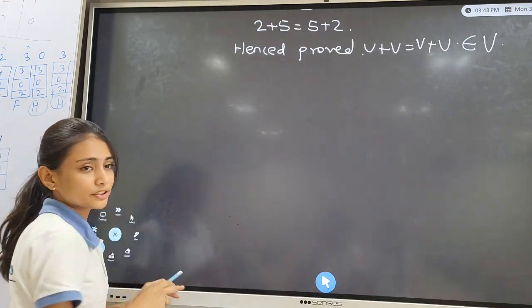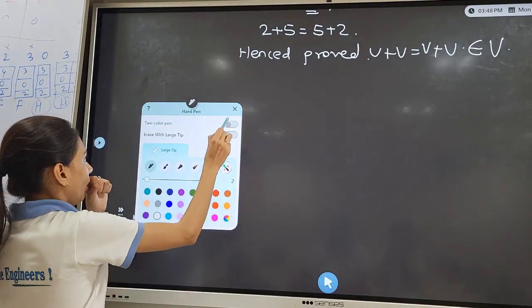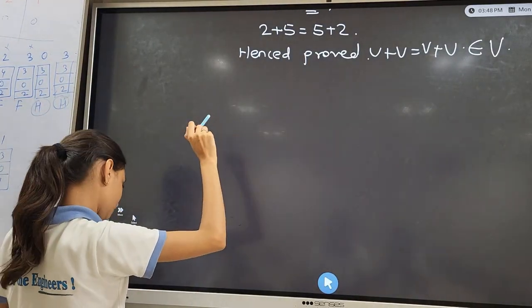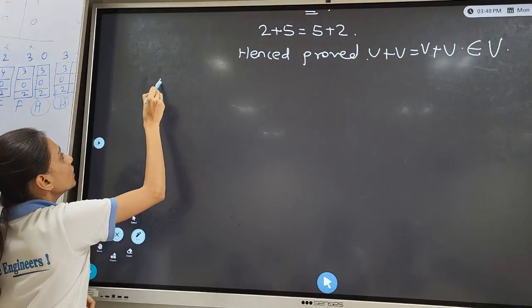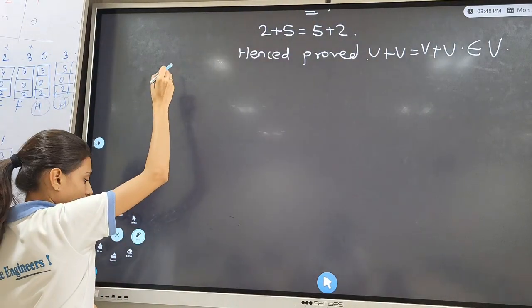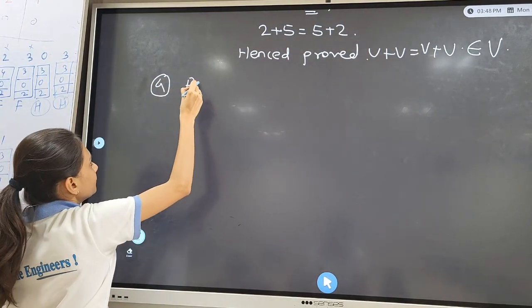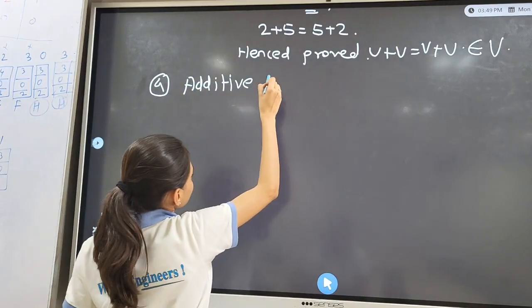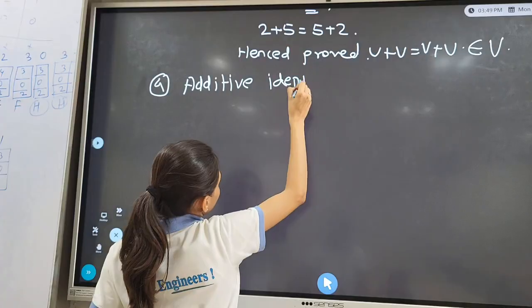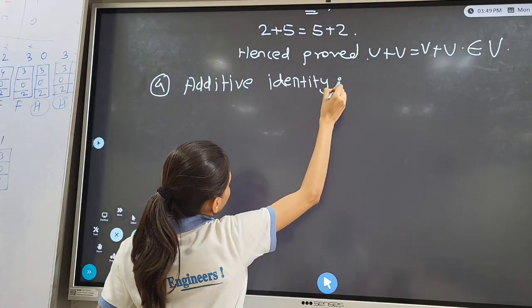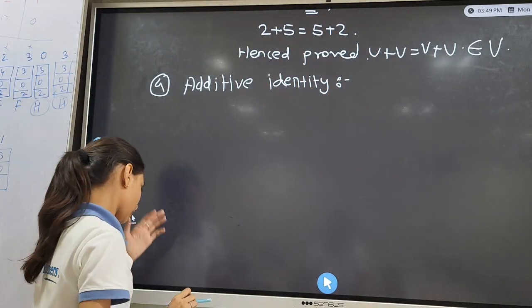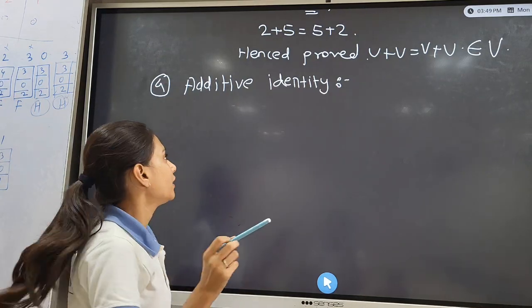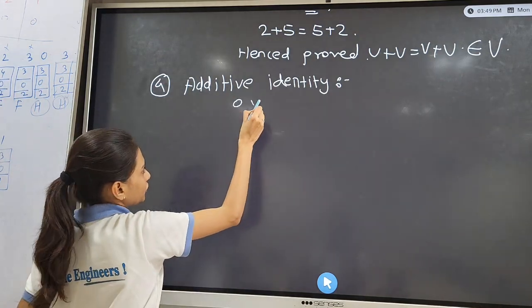After proving these two axioms, the fourth property is additive identity. In additive identity, there always exists a zero vector.